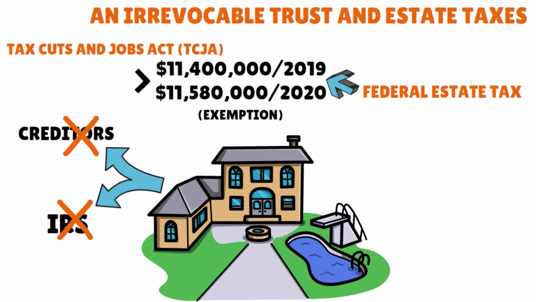And you have to understand, the TCJA is not necessarily permanent. It sunsets or expires at the end of 2025, and the exemption can be expected to plummet back into the $5 million to $6 million range at that time if Congress doesn't renew the legislation.